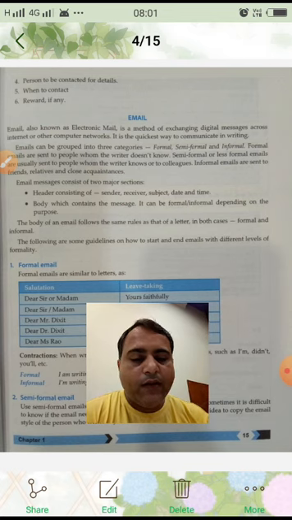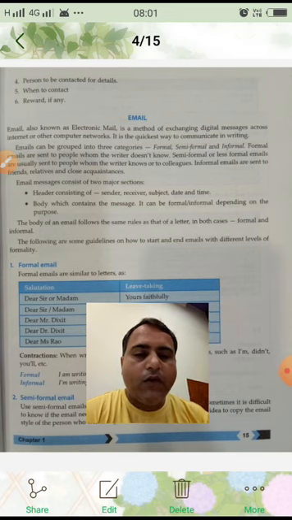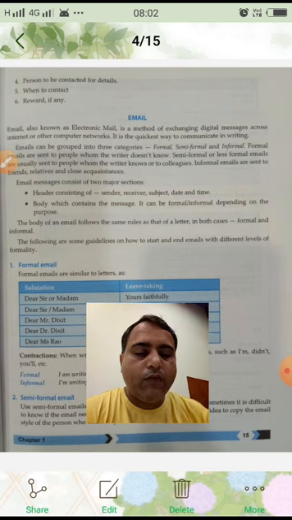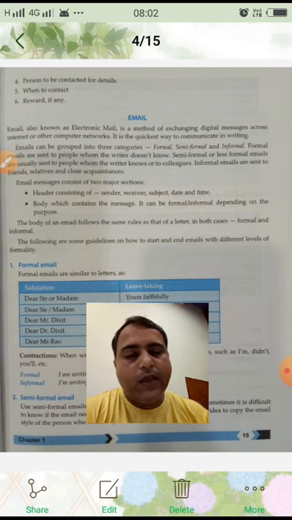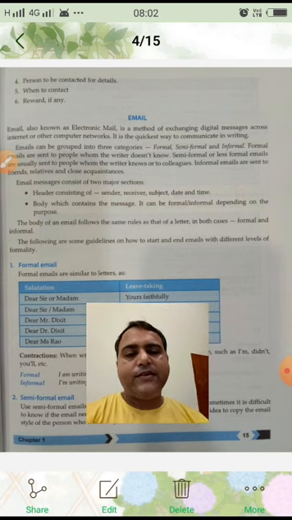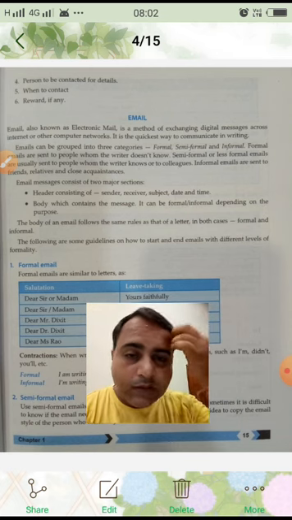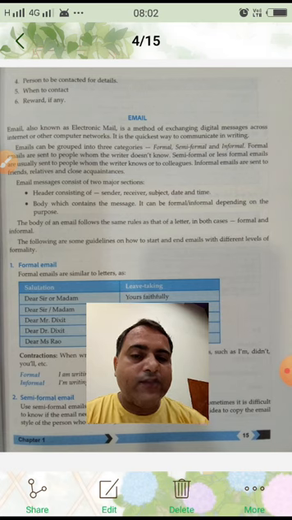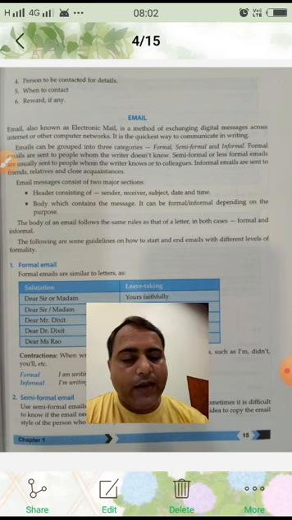And then the second part, the body, which contains the message. It can be formal or informal depending on the purpose. The body of an email follows the same rules as that of a letter, in both cases formal and informal. That is, the body of the email is written in the same way as we write the body of a letter.